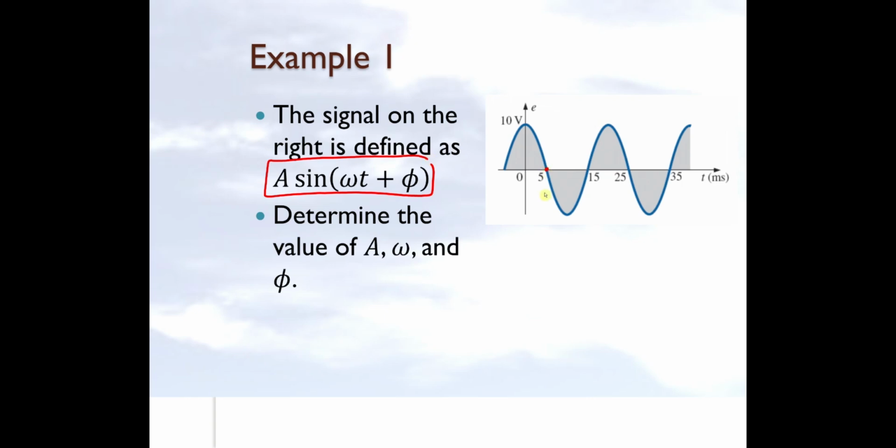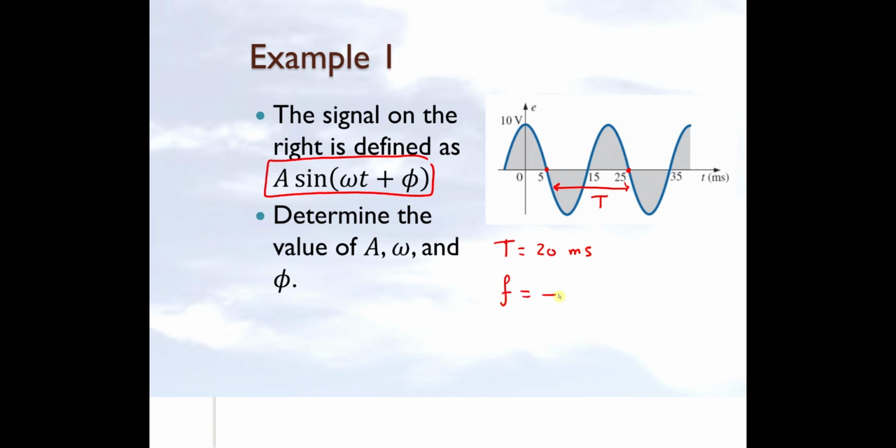If you consider this point, the sinusoid will complete one cycle at this point. So the time it takes to complete one cycle is the period of the signal. We can observe the period of the signal T to be 20 milliseconds.